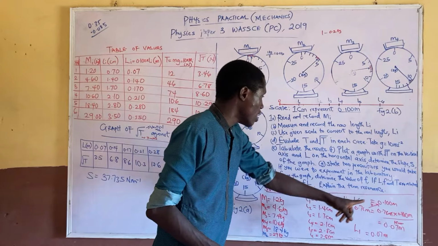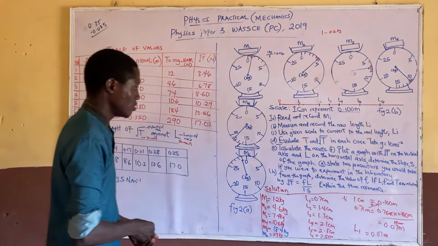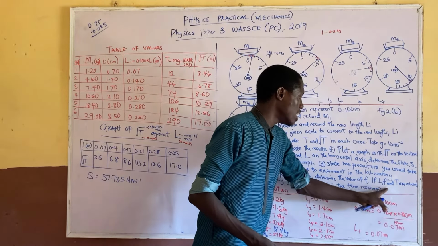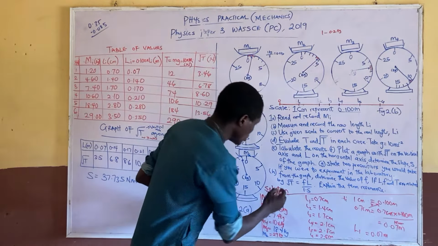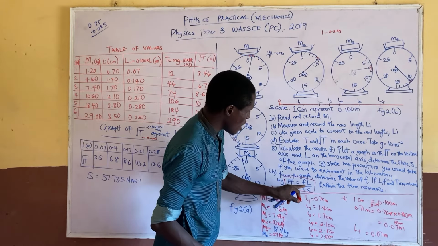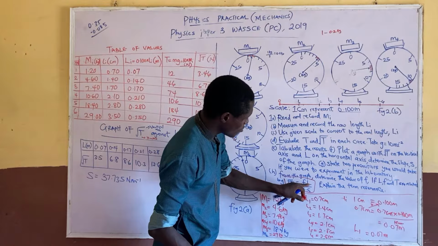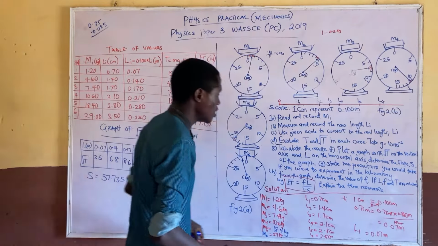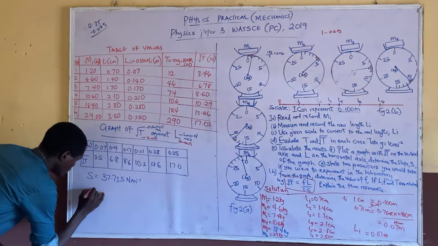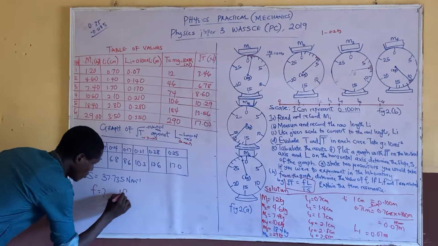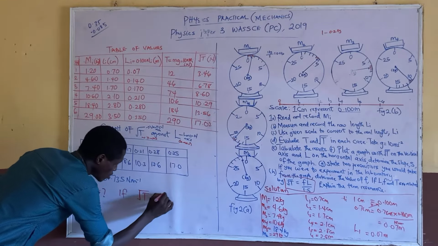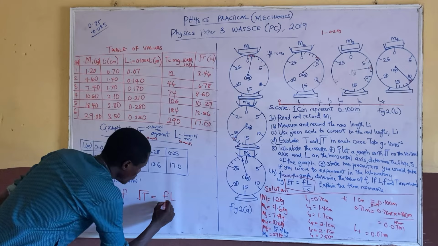The question says: from the graph, determine the value of F if L, F and T are related by root T equals FL over 1.5.